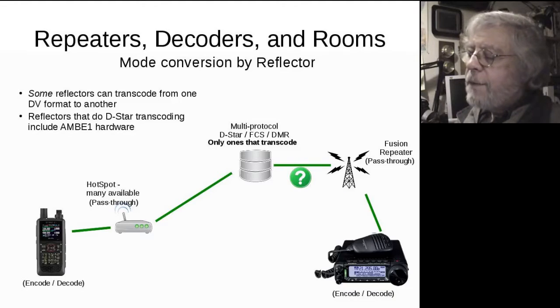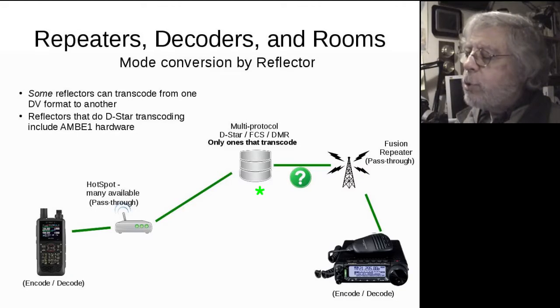You have to have the decoder chip that's built into this radio in that marvelous little piece of equipment, so that my analog voice transmission gets terminated at that room, decoded by that chip, re-encoded by a different chip, and then sent back out over the air, over to the Fusion side to come out on, say, our 70 centimeter machine.